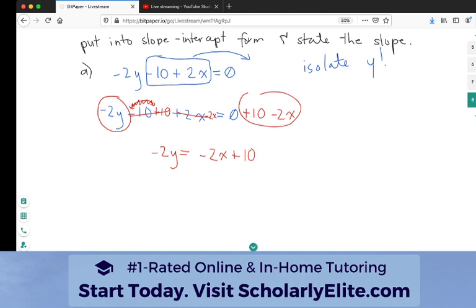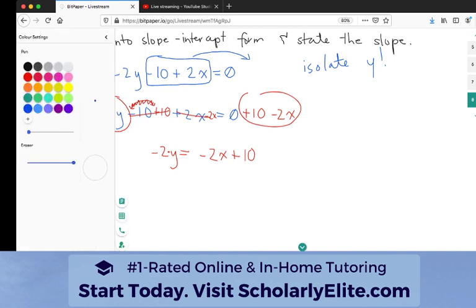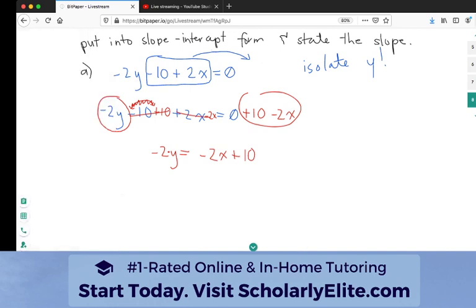But we have not solved this equation fully because we still need to get rid of that negative 2 that's attached to the y. So right now this is technically negative 2 times y, and we're going to do the opposite operation across all of the terms in this. And we're going to divide negative 2 off of everything.